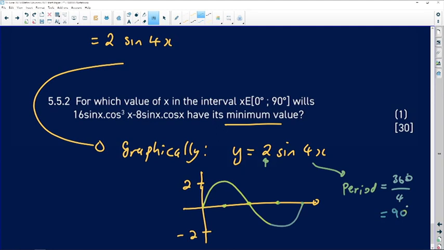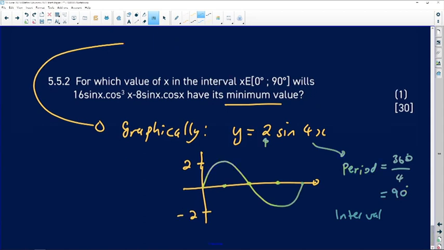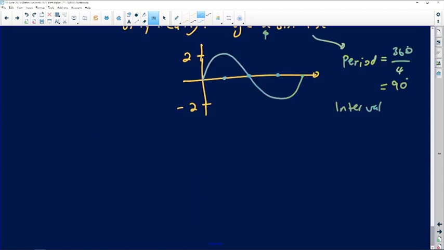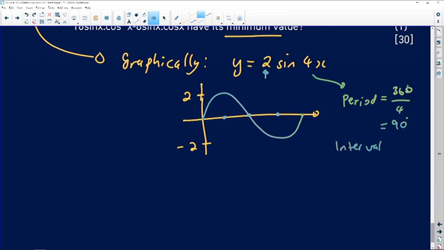When you take 90 and you divide it by 4, it will give you the interval or the scale, the values which this particular graph keeps moving by from one critical x value to the next. So 90 degrees divided by 4 gives you 22.5 degrees.